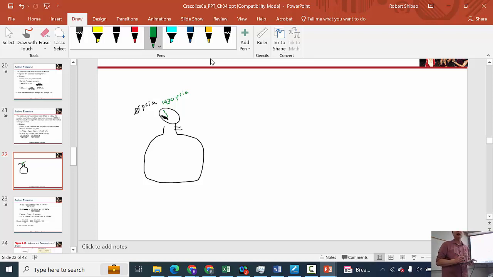And so we call that PSIG. So 14.7 PSIA is going to equal 0 PSIG. G stands for gauge, A stands for absolute.